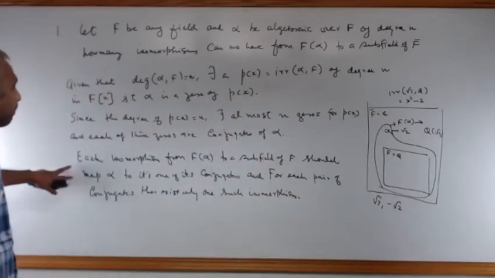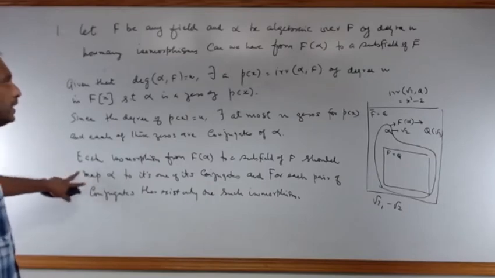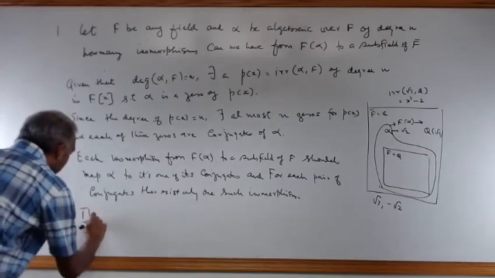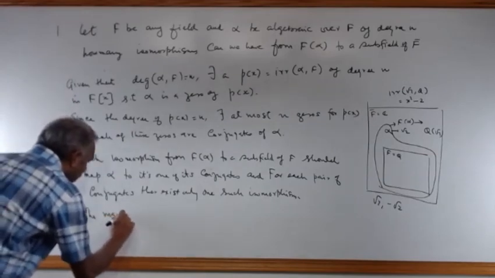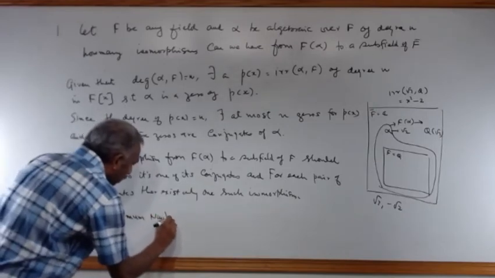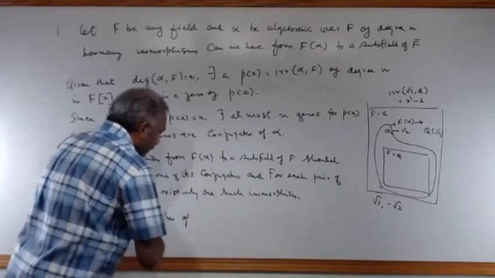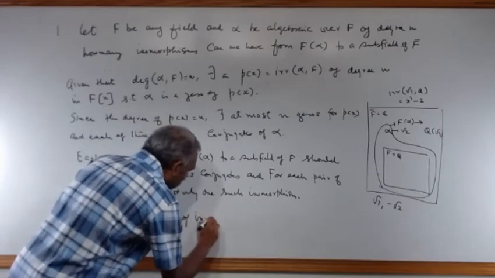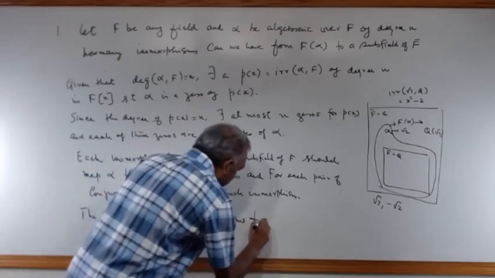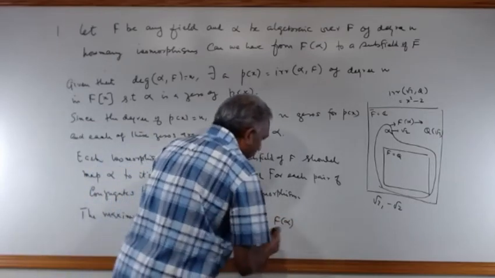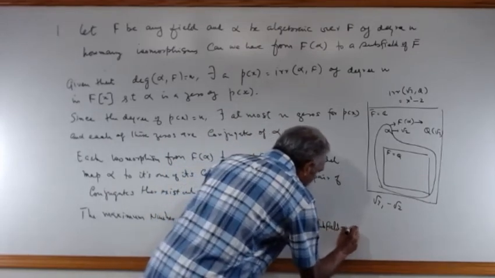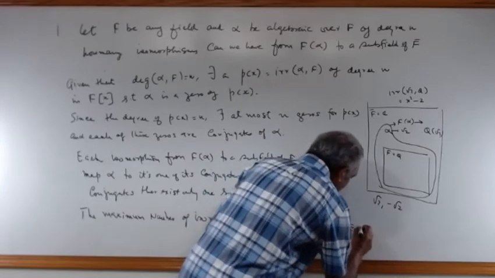And the maximum number of such pairs is n. So, the maximum number of isomorphisms from F alpha to a subfield of F closure is n.